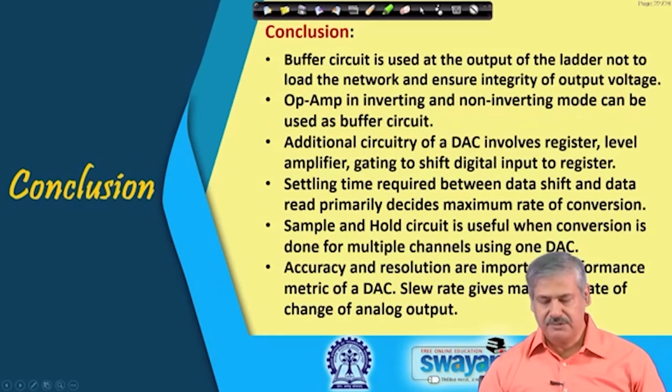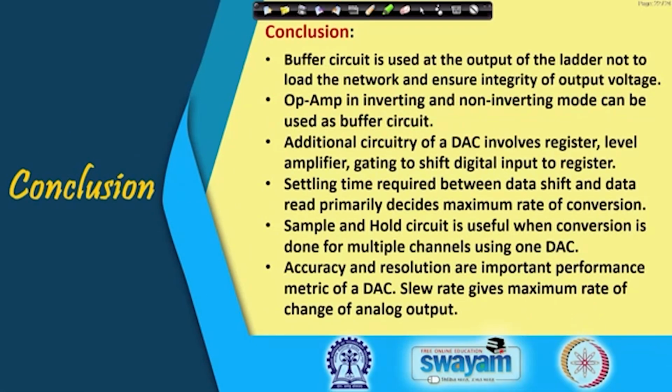So, with this we come to the conclusion of this particular class. What we have seen is that a buffer circuit is used at the output of the ladder not to load the network and to ensure integrity of output voltage.